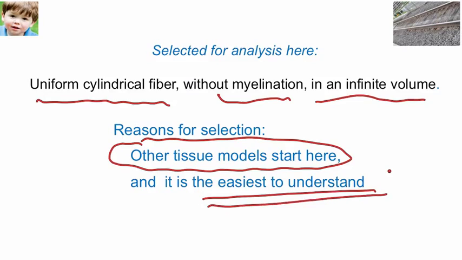So we're trying to get the main idea of what works, and we want the structure to be present, but we don't want it to be so complicated it gets in the way of gaining that initial understanding. So as we go forward, here and for the rest of our course, our spatial structure will be the uniform cylindrical fiber.